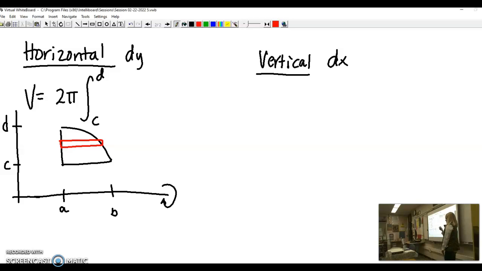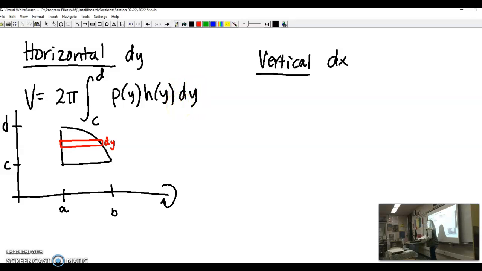Make some sense? Okay. So this is your dy, your width. So what goes inside here? Well, this function has to be a function of y. So we'll call it p of y and h.